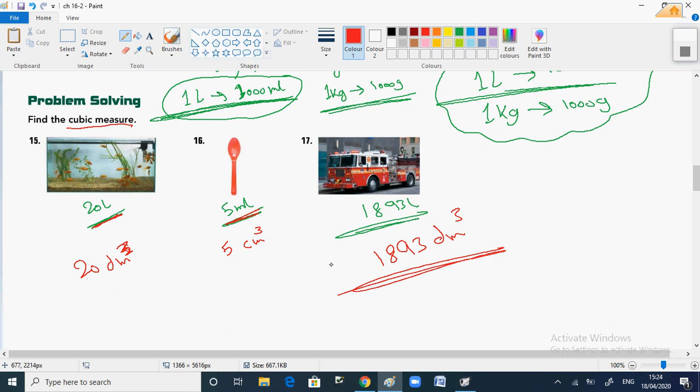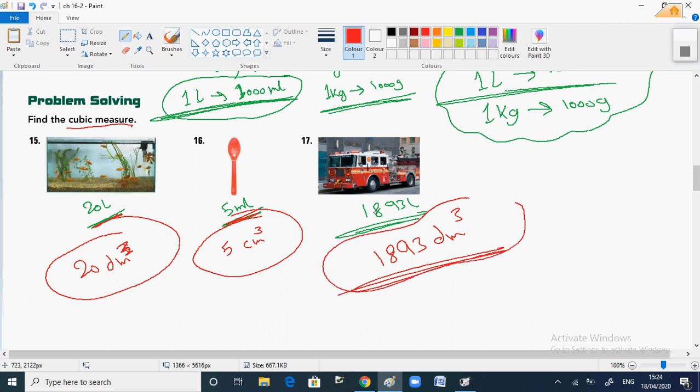Okay? Because it's talking about cubic measure. But 20 liter and 5 milliliter and 1,893 liter is talking about what? Capacity. Talking about capacity. Okay? See you next video.